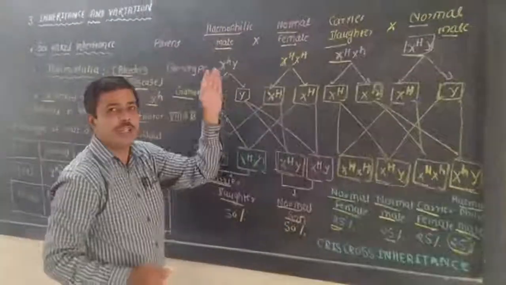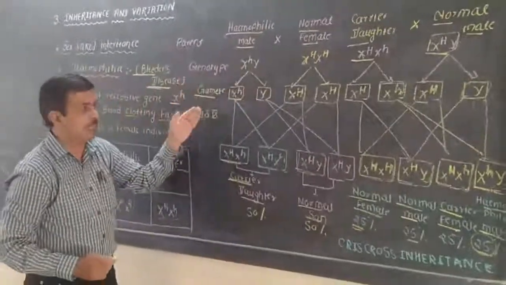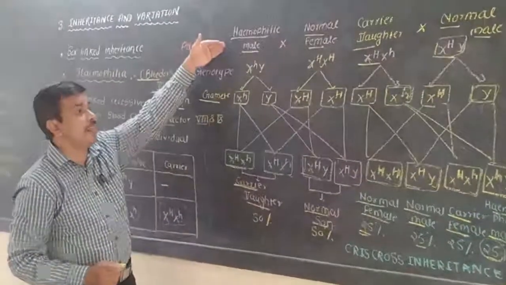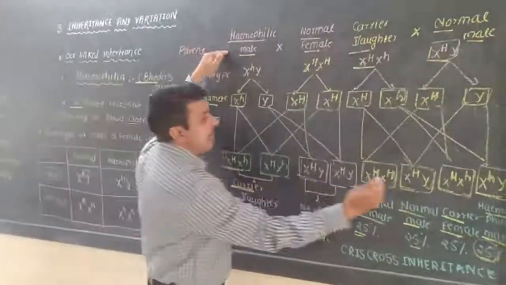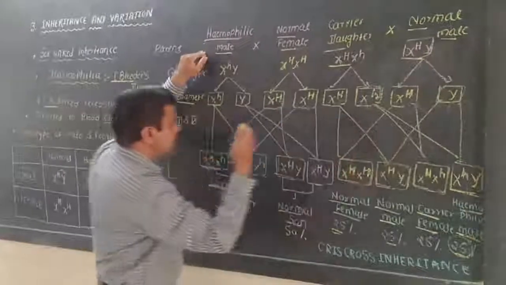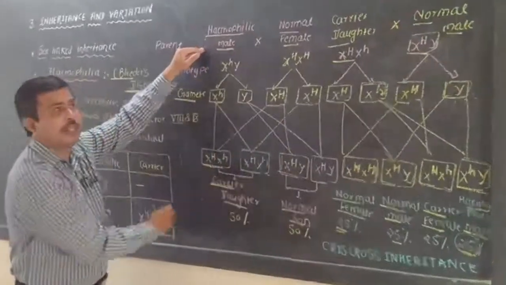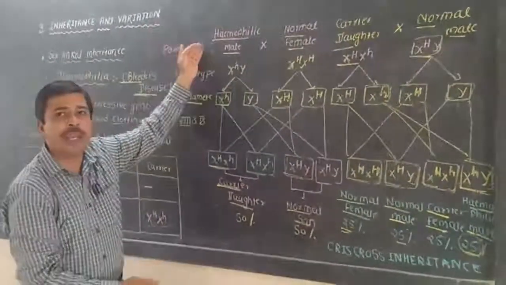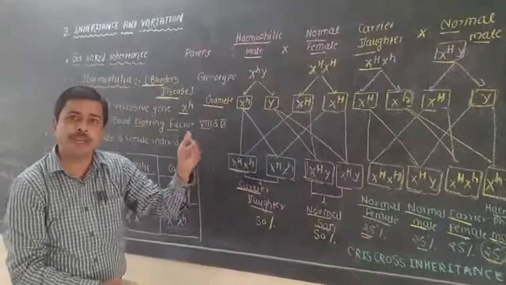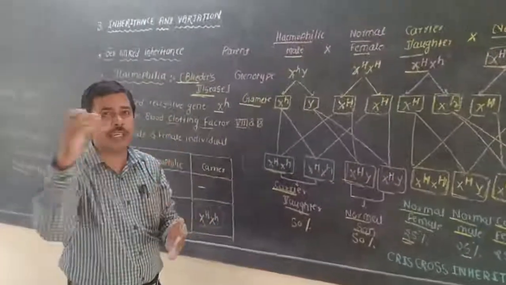So it is known as crisscross inheritance, from the grandfather to the grandson through the carrier daughter: it crosses from male to female and again from female to male.